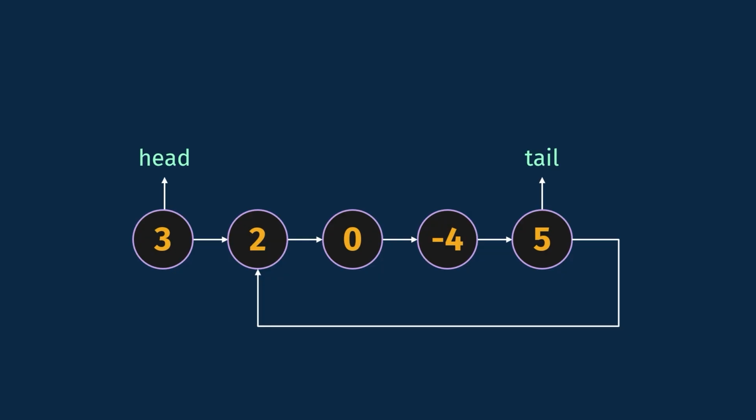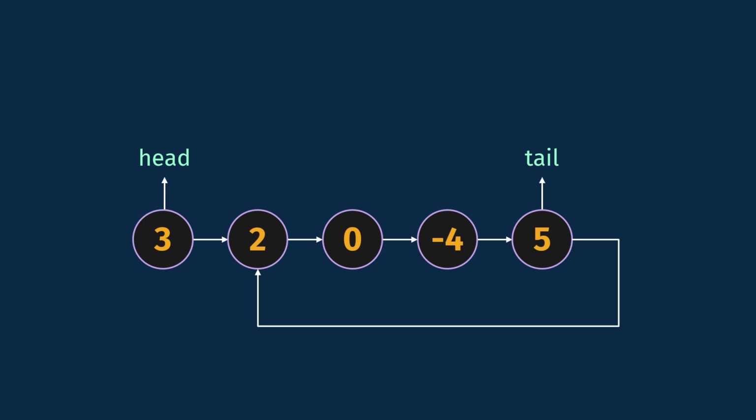We will use a linked list with values 3, 2, 0, -4, 5, where a cycle exists. The tail node with value 5 points back to the node with value 2, creating a loop. The head points to 3, and the tail does not terminate. Instead, it connects back to an earlier node.